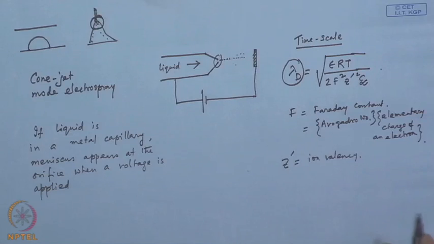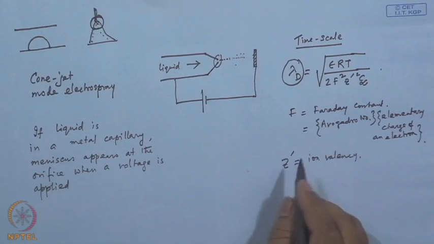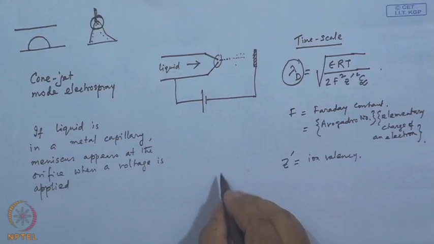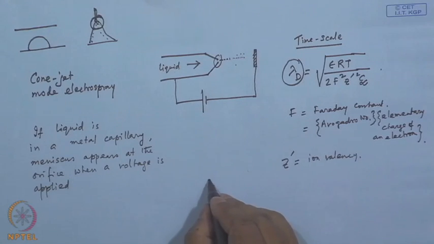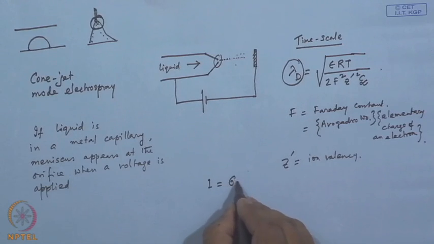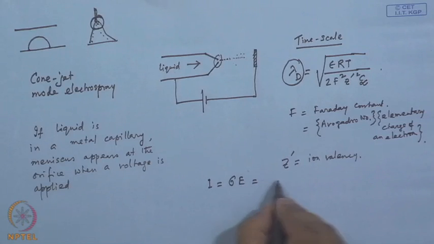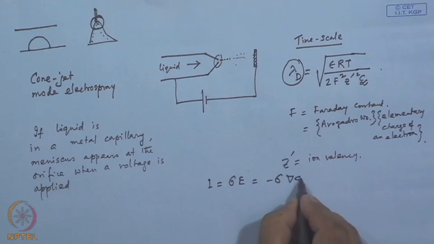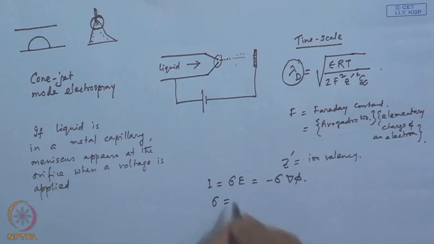So, what we see on the other hand is that a current can be written as sigma into E, which is nothing but this quantity, where sigma is given as the sum over all components of lambda I C I. What is sigma here?